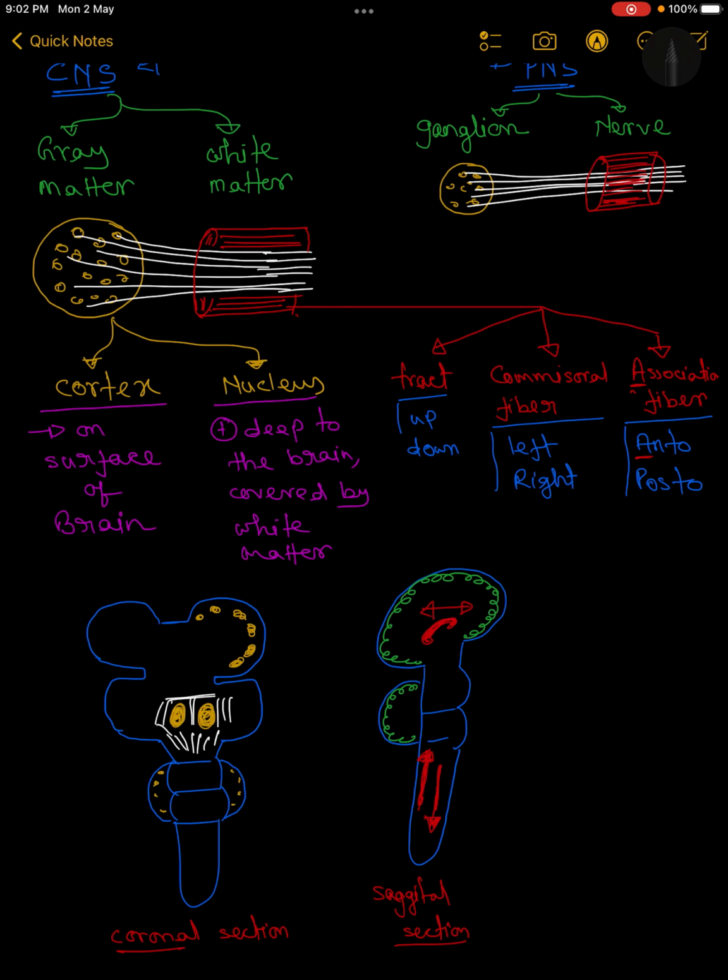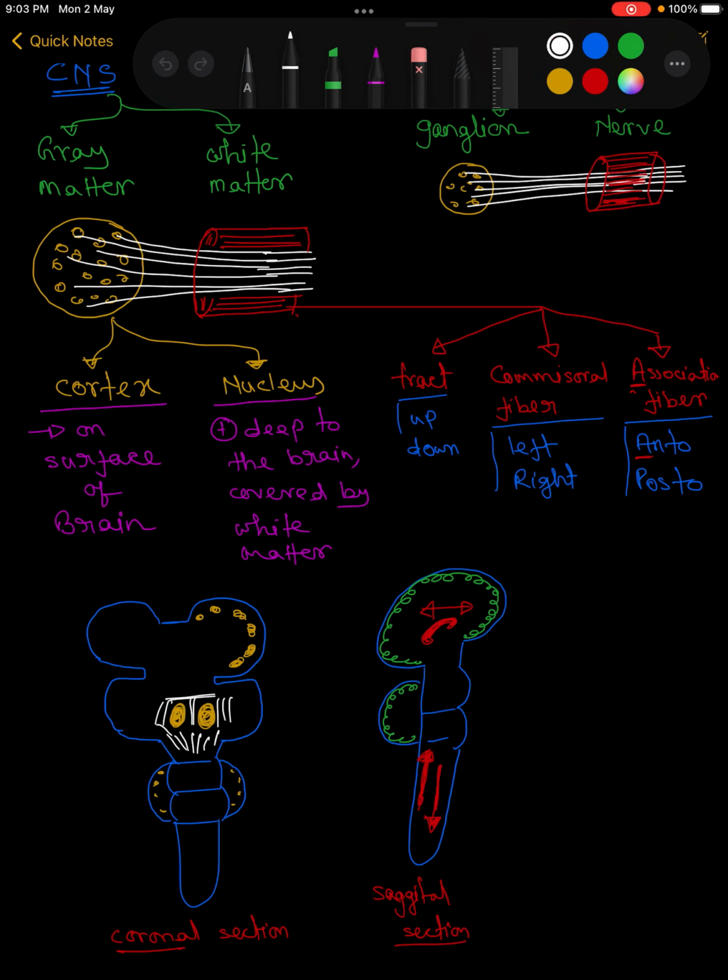So why are all these white matter fibers needed? Our brain is very big, so for instance, the brain has to send information within itself from one point to another. It needs some route.